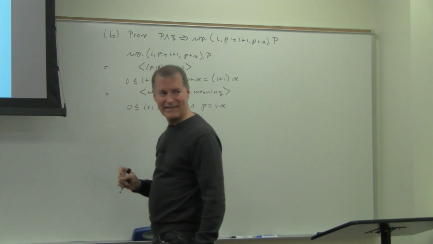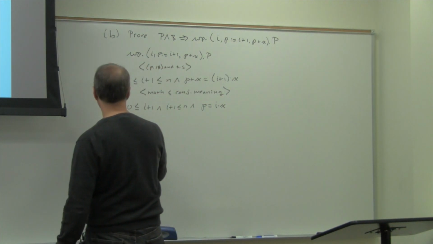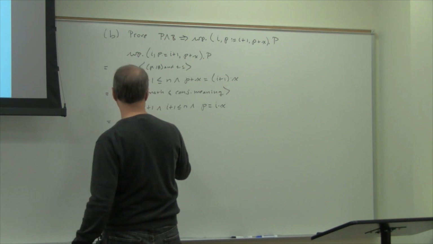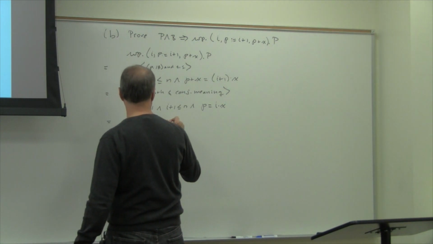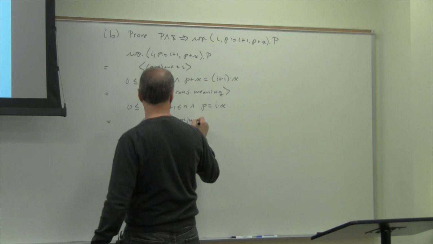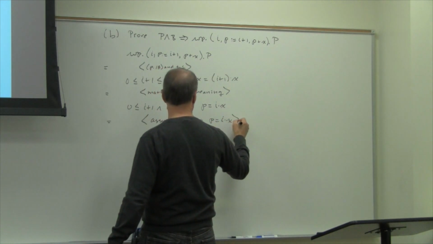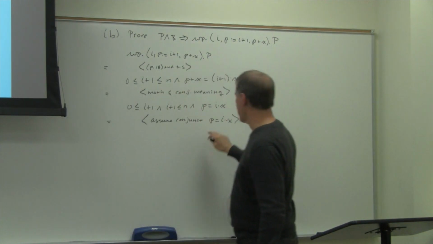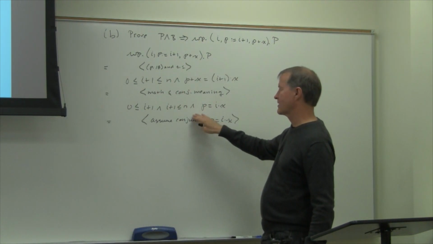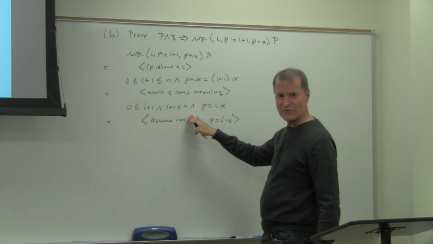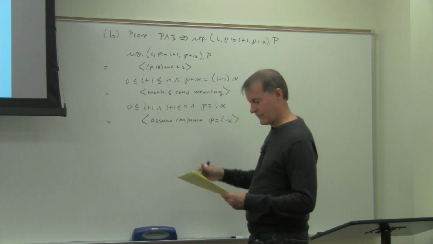So this equals by assume conjunct p equals i times x, because that's one of the conjuncts of the P. So that means this is true. True is the identity for and, right? So this drops off.